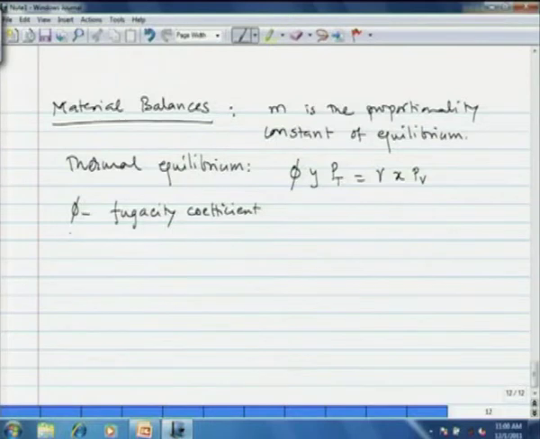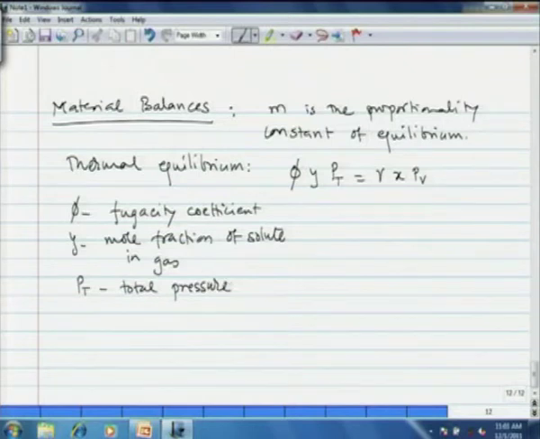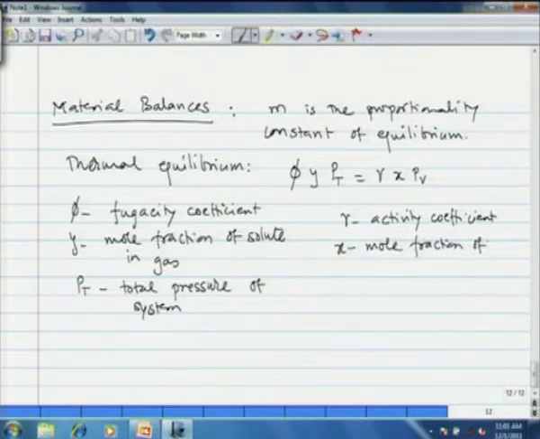y is the mole fraction of solute in gas, Pt is the total pressure of the system, gamma is activity coefficient, x is the mole fraction of solute in solvent, and Pv is the vapor pressure.